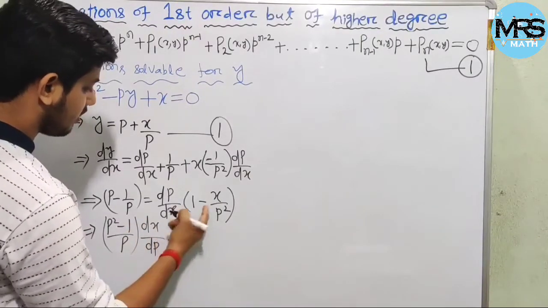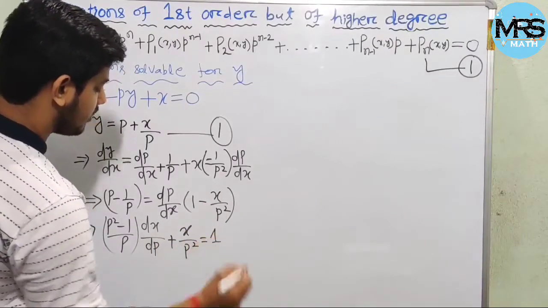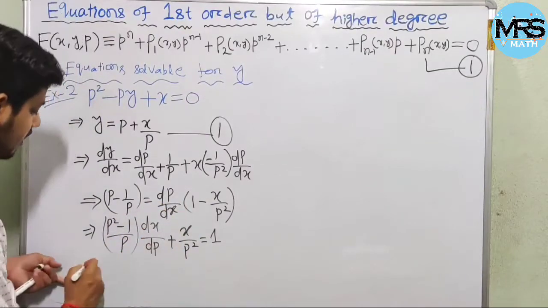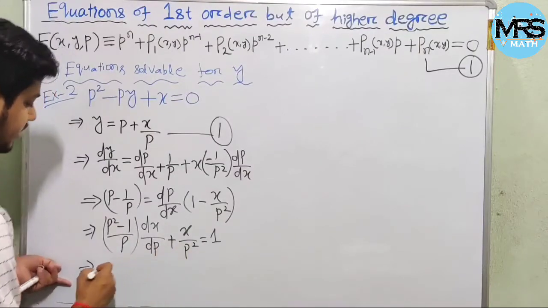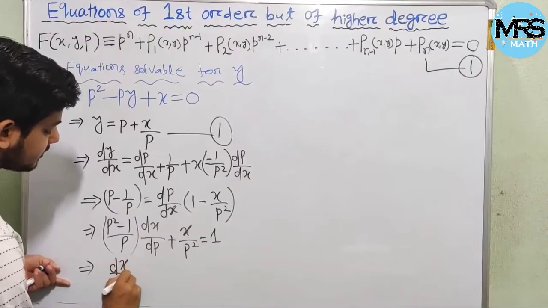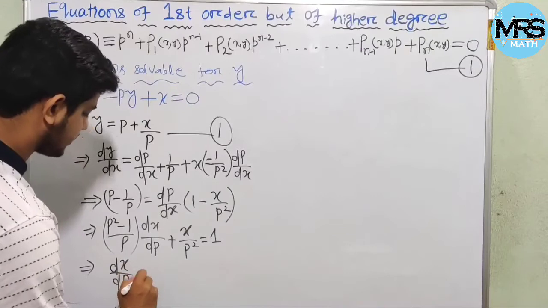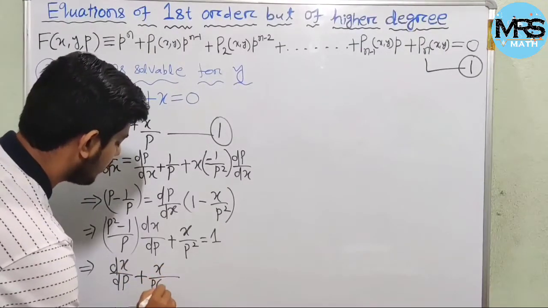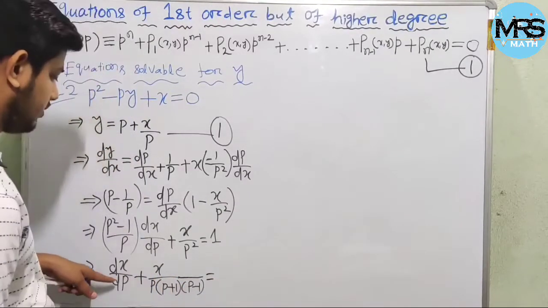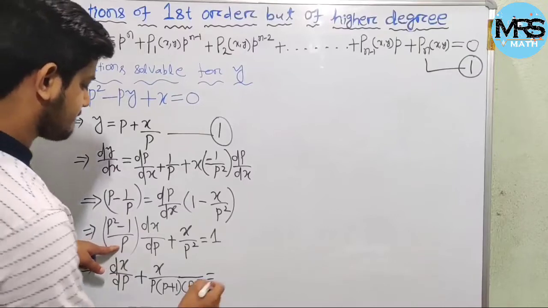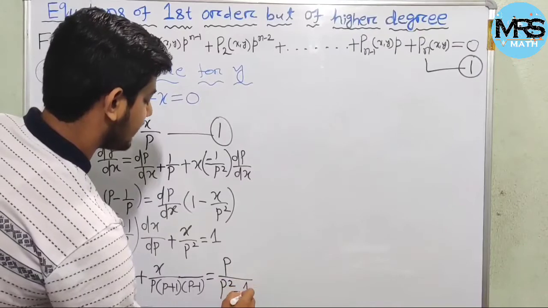Then if you are taking x to this side, this term, x by p square, equal to 1, right? Now this p square minus 1 by p, if you divide both the sides, what we will get is dx by dp plus x by p into (p plus 1) into (p minus 1) equal to p by p square minus 1.